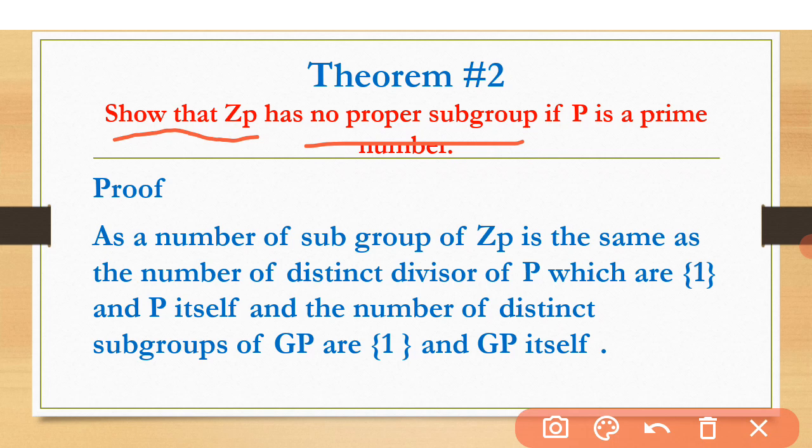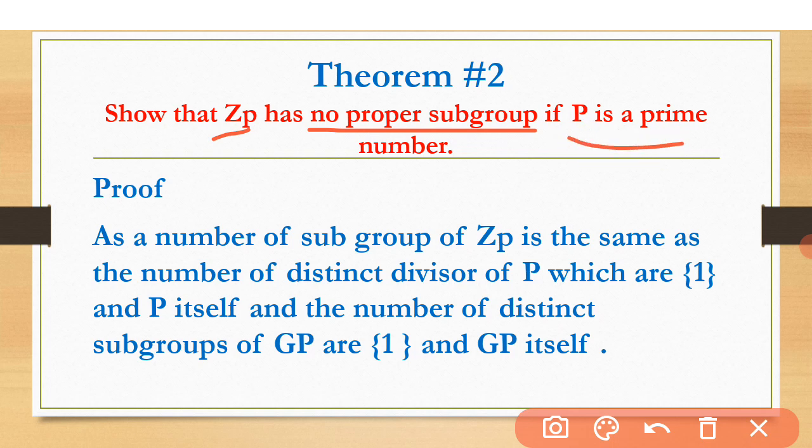G itself is a subgroup of G, which is called the improper subgroup, and the identity element alone is the trivial subgroup, and all other non-trivial subgroups are proper subgroups.